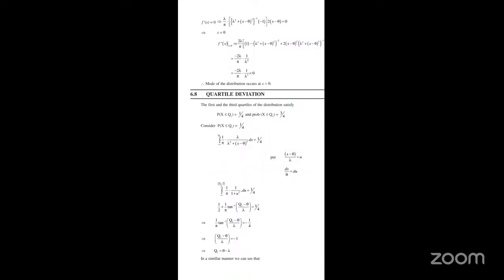Next, consider the first quartile and see what we get. From minus infinity to Q1, the integral of f of x dx equals 1 by 4. Same as before, we substitute x minus theta by lambda equals u, and we get 1 by pi into 1 by 1 plus u squared du, equals 1 by 4.